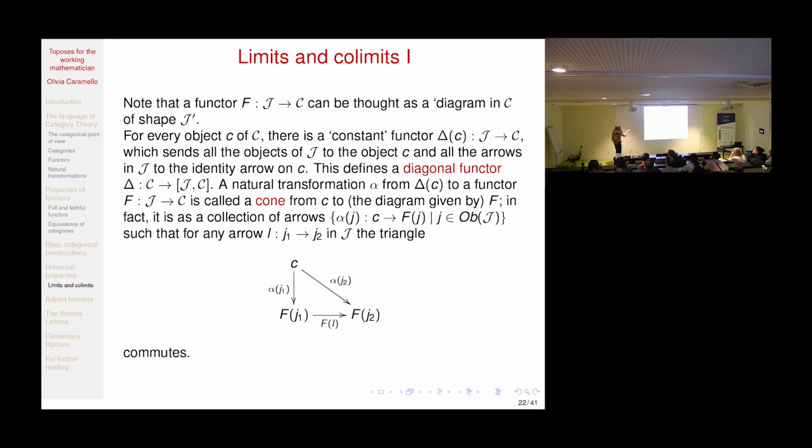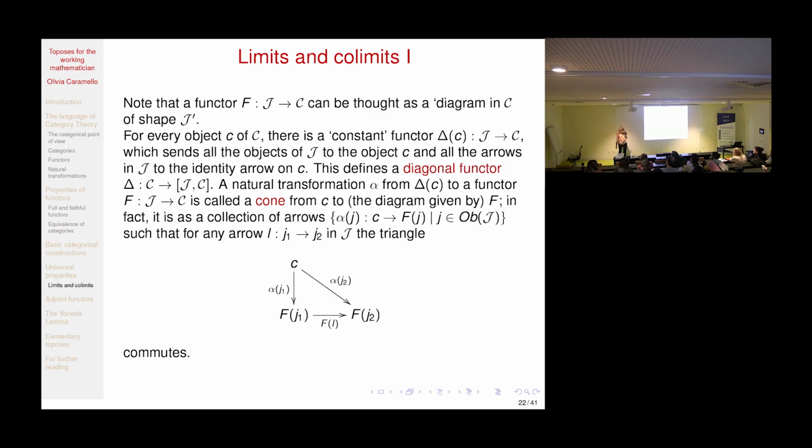And of course, if you choose source categories of different shapes, for instance, you can take a category where you have two objects and two parallel arrows like this, and of course you should always put the identities. Then what will be a diagram of shape J in C?